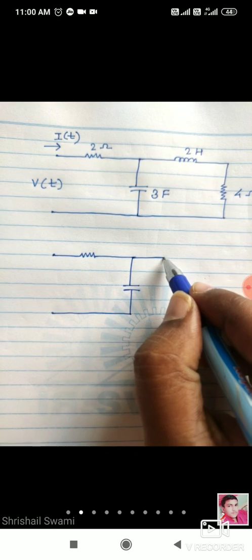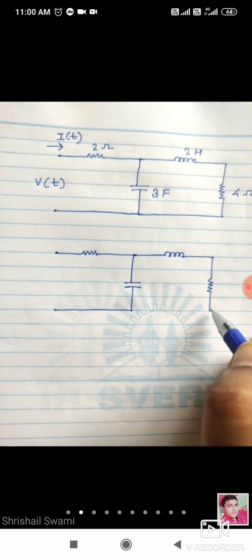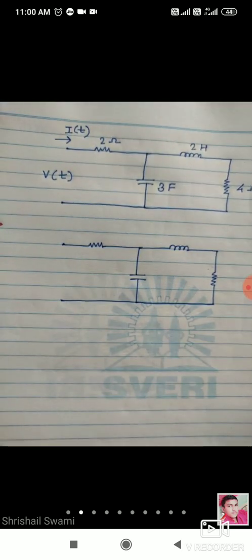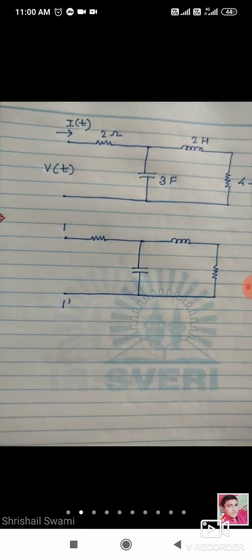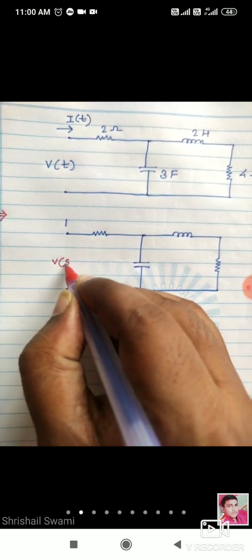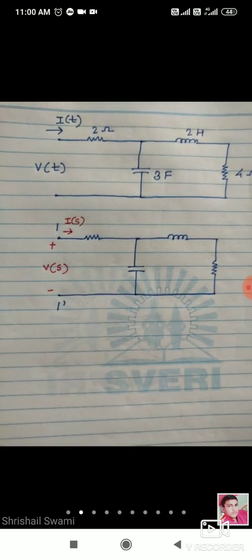So first of all, draw the diagram as per given in the question. Okay, so now give the port name 1 dash. So what are the given values here? V of t is converted into V of s, plus minus. Current you can convert into s domain, that is I of s.